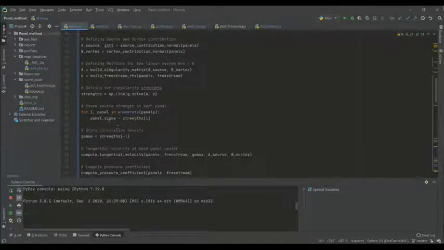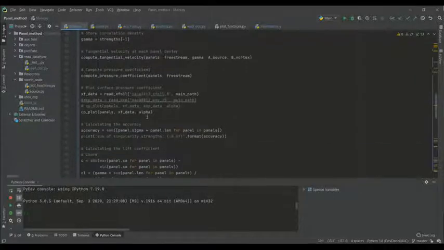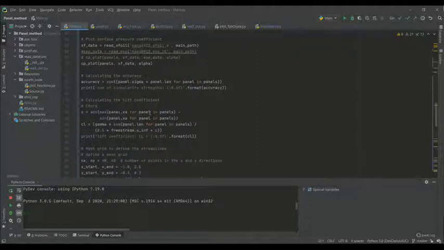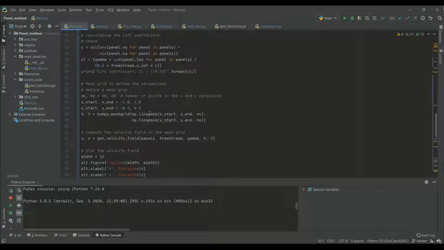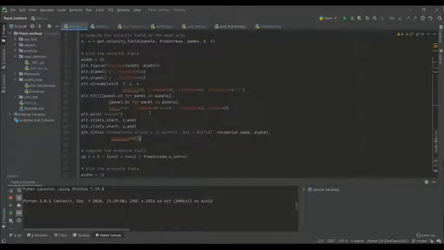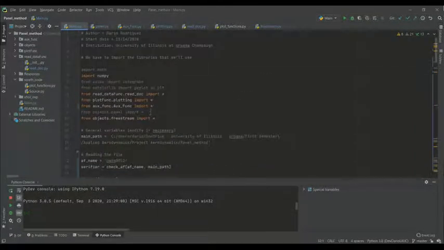And finally, what I am doing here is to associate this gamma strength to compute the tangential velocity, and to then calculate or characterize the pressure coefficient and all of the rest of the data. Finally, I plot the free stream, the streamlines, and also the pressure contours. So this is what I did.